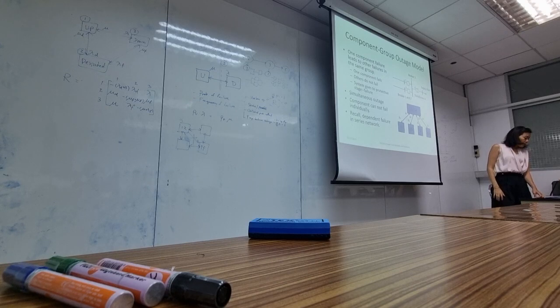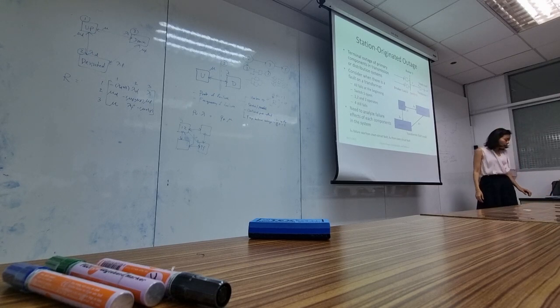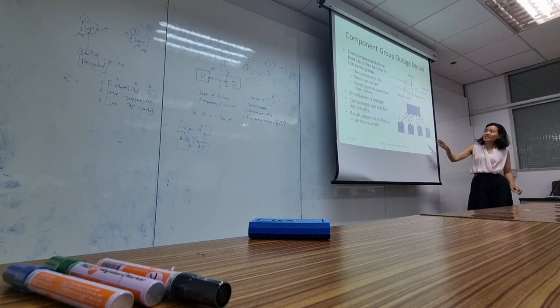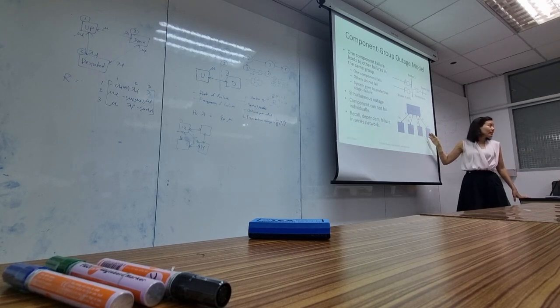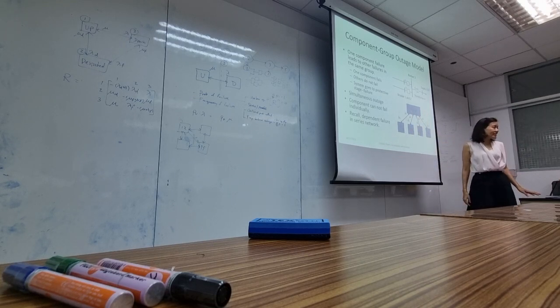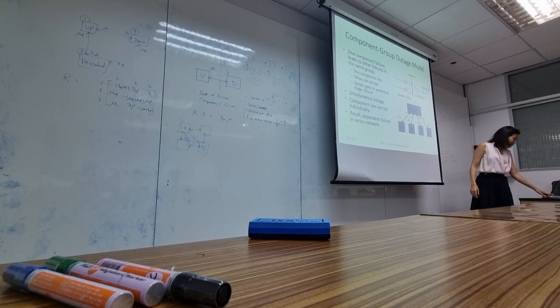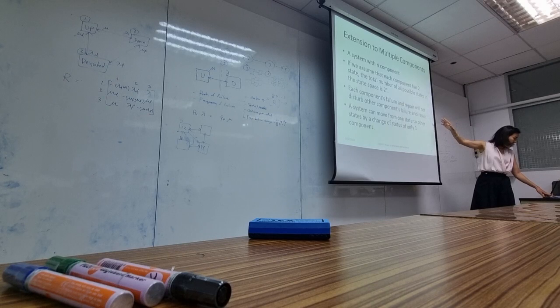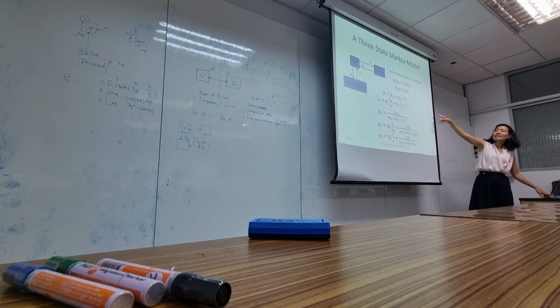Okay, so this is what we call the component group outage model. In this case, it's also quite easy to calculate the probability of each component in the steady state, right? You can use the frequency balance. It is exactly the same thing as calculating the probability here.